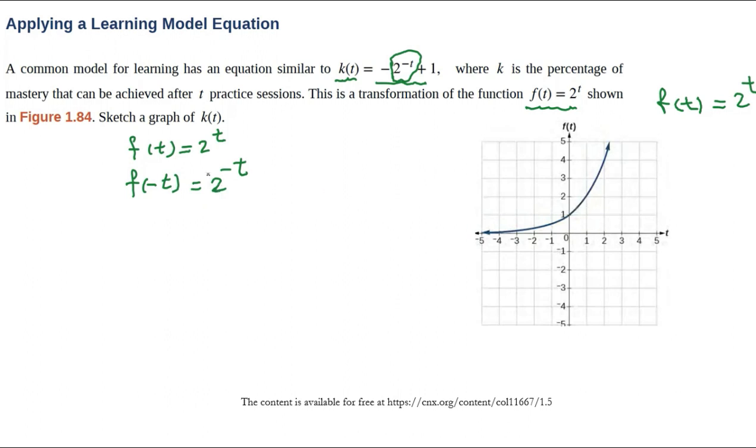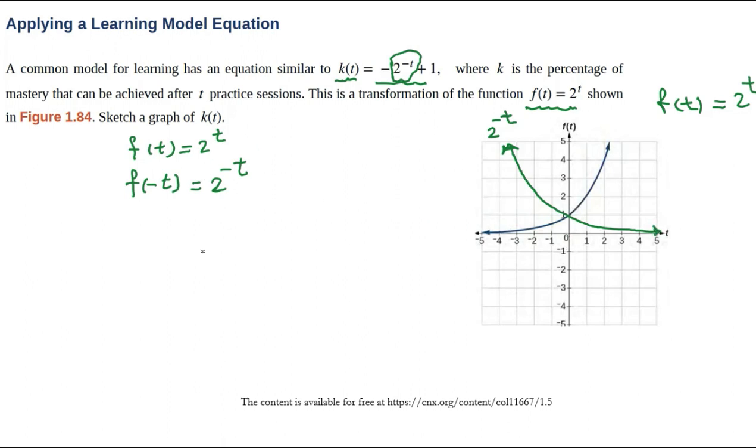So t changes sign. Now they are negative 5, 4, 2, 1, so they will be 5, 4, 2, 3, 1. Almost. So this is 2 to negative t reflected across y-axis.